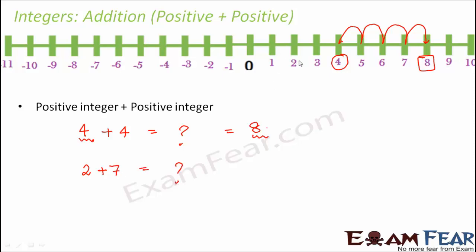So 2 again is a positive integer here. So when you add a positive integer to 2, you will move towards right. So let us move 7 steps towards right. 1, 2, 3, 4, 5, 6, 7. So where have we reached? We have reached at 9. So 2 plus 7 is equal to 9.